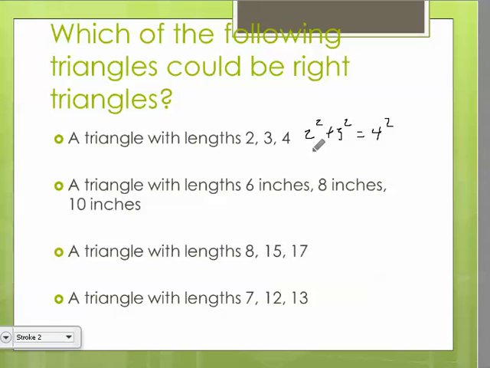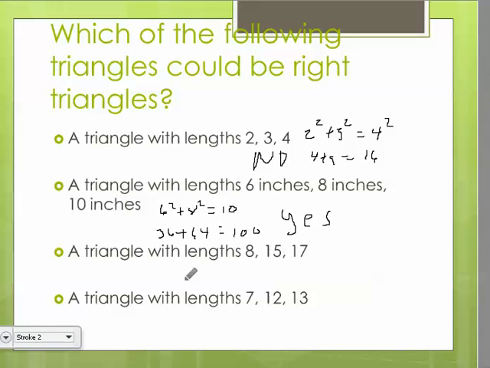So that means that 4 plus 9 would equal 16. No, that's not true. Let's try this other one. 6 squared plus 8 squared equals 10 squared. Well, that's 36 plus 64 equals 100. Yes, that would work.